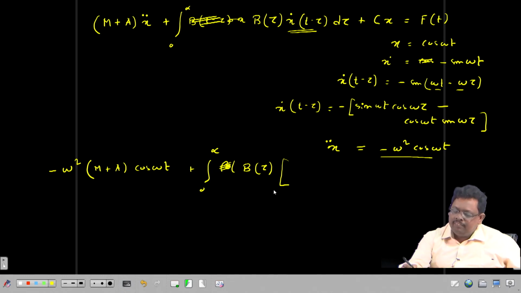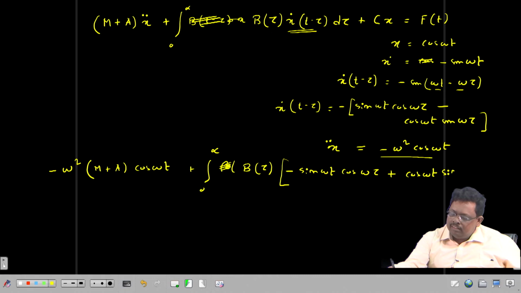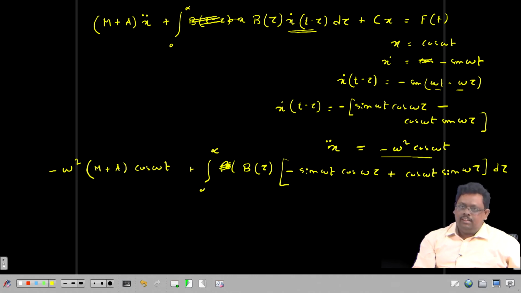So, what do I get? I include this minus sign, so it should be minus sin omega t into cos omega tau, then plus cos omega t into sin omega tau d tau. And then finally I have c into cos omega t.